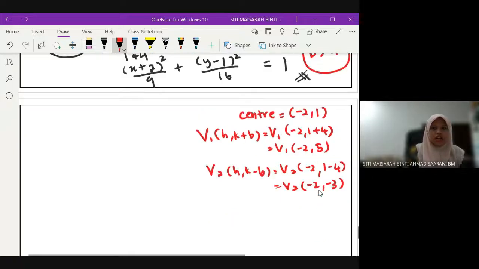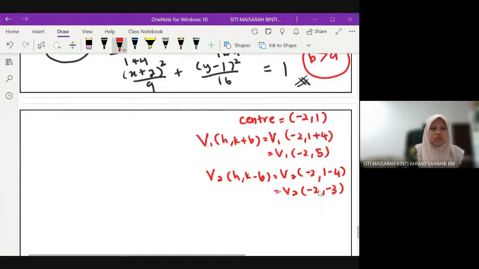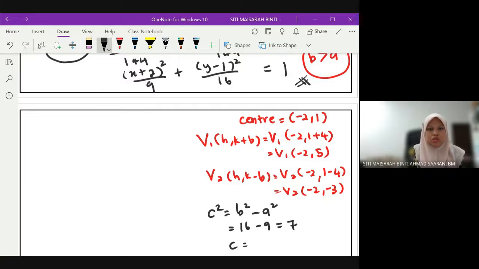Okay, and then fokus dia perlukan C. So dia kena carilah C square equals to B square minus A square. So jadi B square is 16 minus 9, we get 7. So C equals to 7.